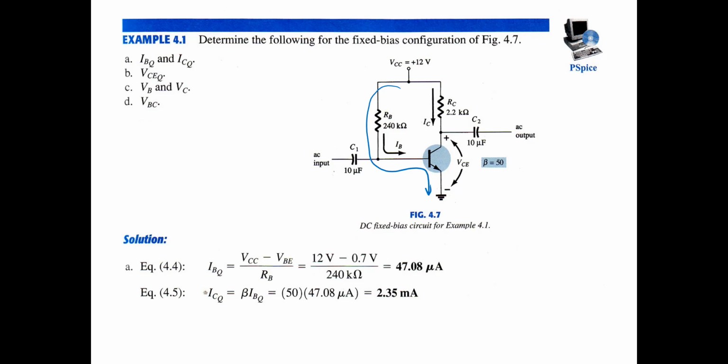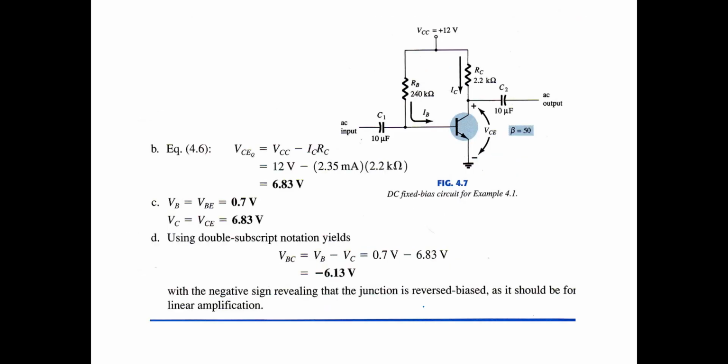VCC is 12 volt, VBE is 0.7, as I explained before, and RB is 240 kilo ohm. So we get IBQ is 47.08 microampere, and ICQ is beta IBQ. Beta is 50, so we get ICQ is 2.35 milliampere.